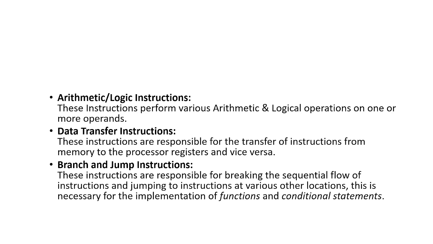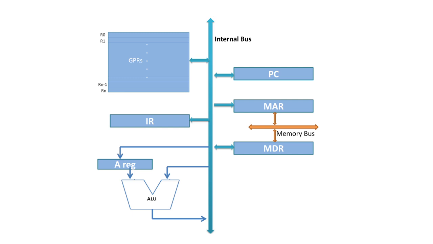Branch and jump instructions are responsible for breaking the sequential flow of instruction. It happens when a page hit or stall occurs in the process, the control signals will directly switch over to the particular locations to fetch the data for the further execution of the process, and it is necessary for the implementation of functional as well as conditional statements.